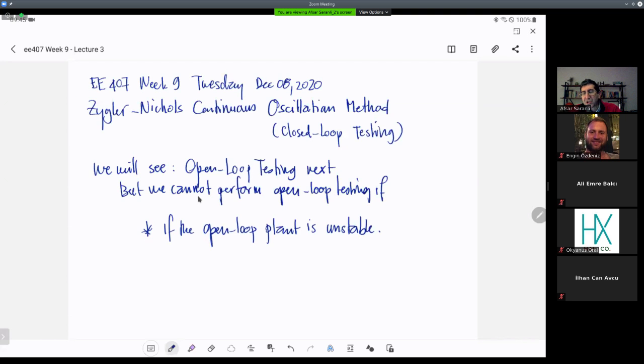In simulation, obviously, you might find a way of fitting a model to an open loop unstable plant, but in practice with the physical system, that's not feasible.